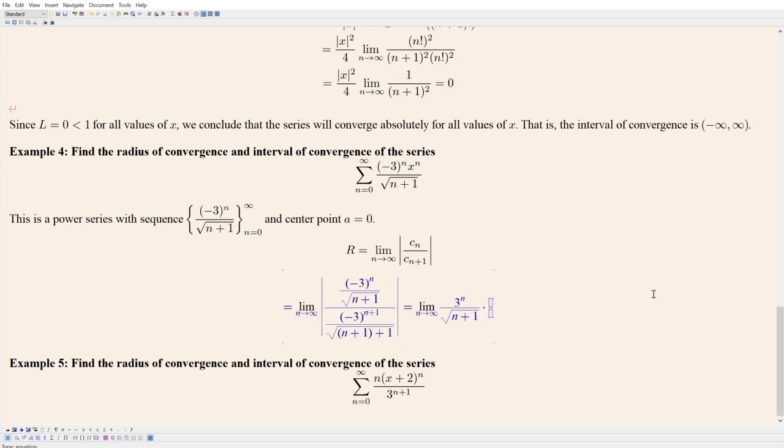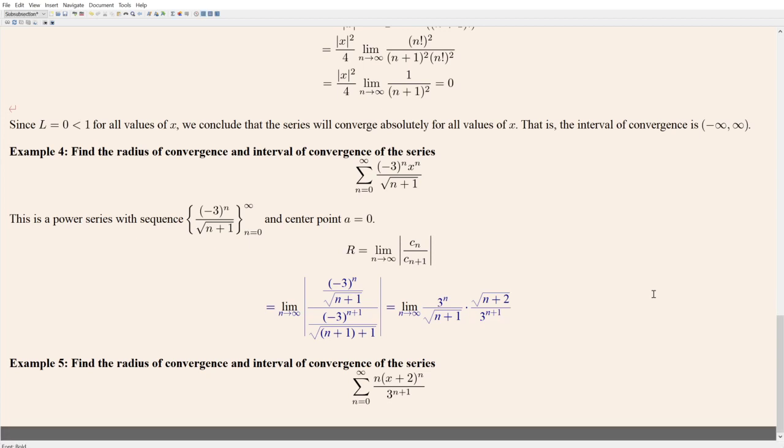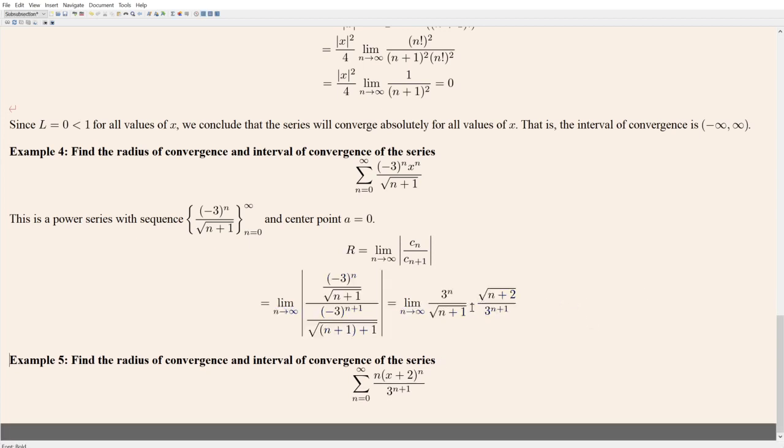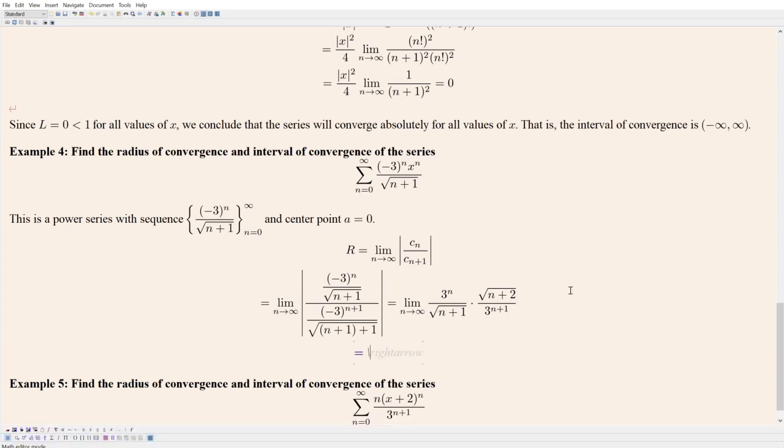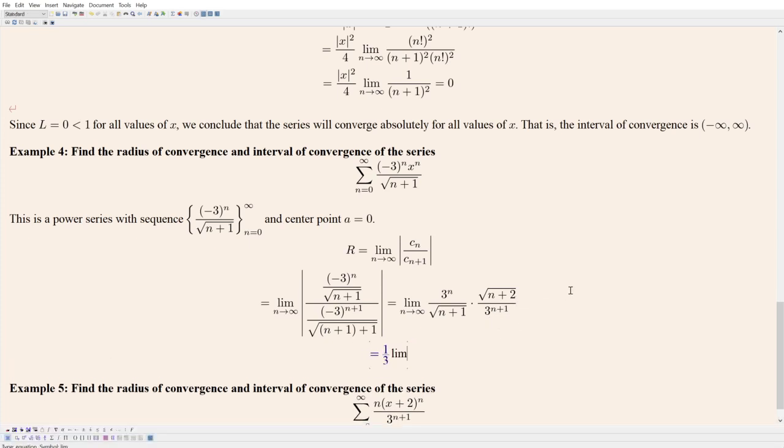Multiply by the reciprocal. So n plus 1 plus 1 is n plus 2. 3 to the n plus 1. Okay, so I'm not going to bother rearranging it this time, because you can see 3 to the n on top, 3 to the n plus 1 on bottom. All of these are going to cancel except for one 3 on the bottom, which we can pull out. As for the rest of it, it's square root on top, square root on bottom.